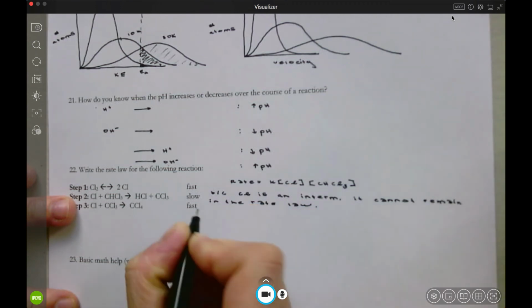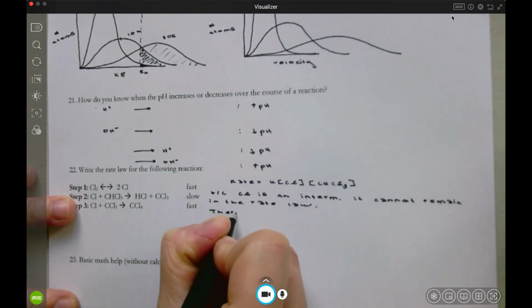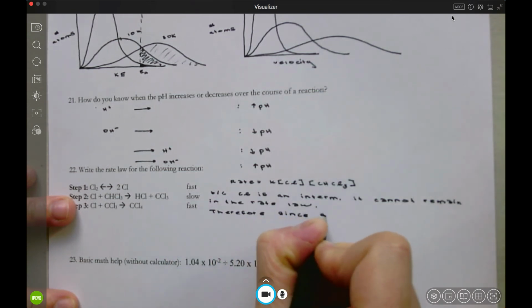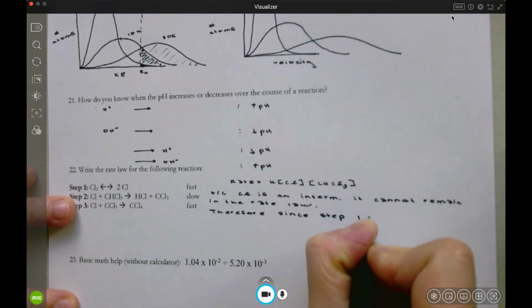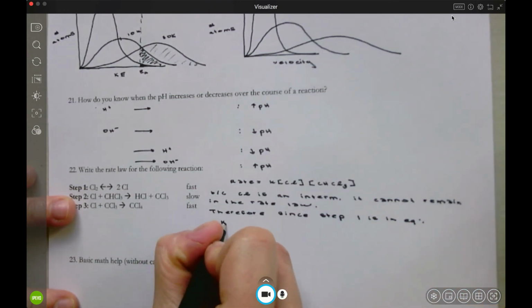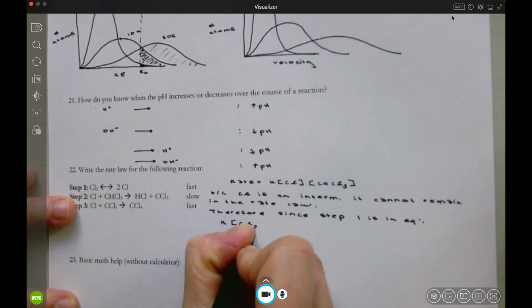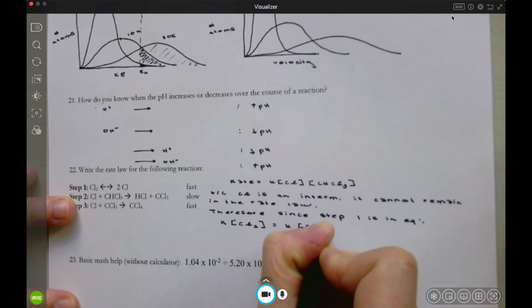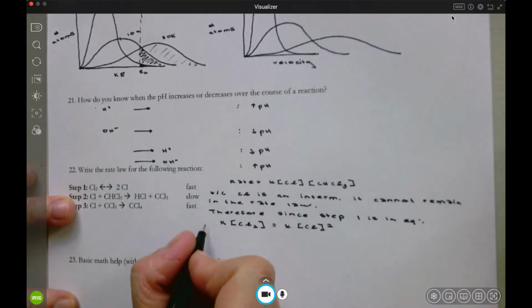Okay. Therefore, since step 1 is in equilibrium, what I can say is that the rate of the forward, so K times Cl2, equals the rate of the reverse. Okay?